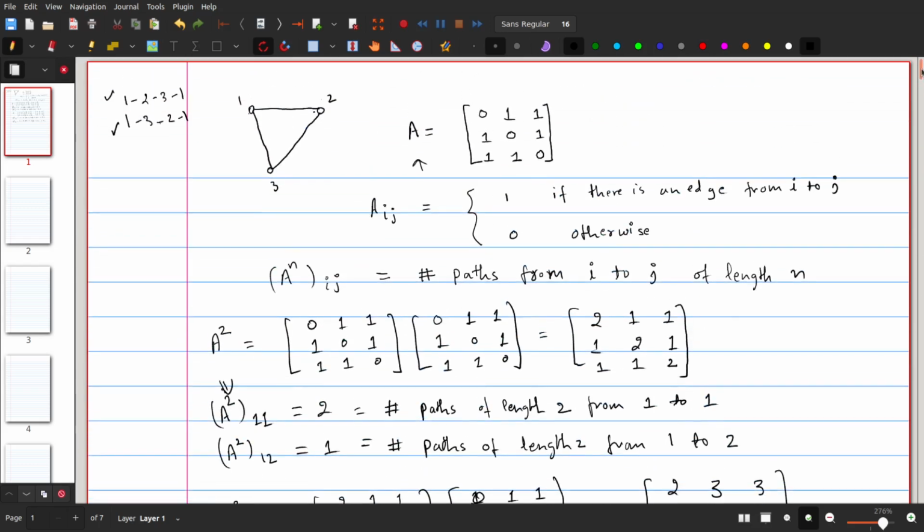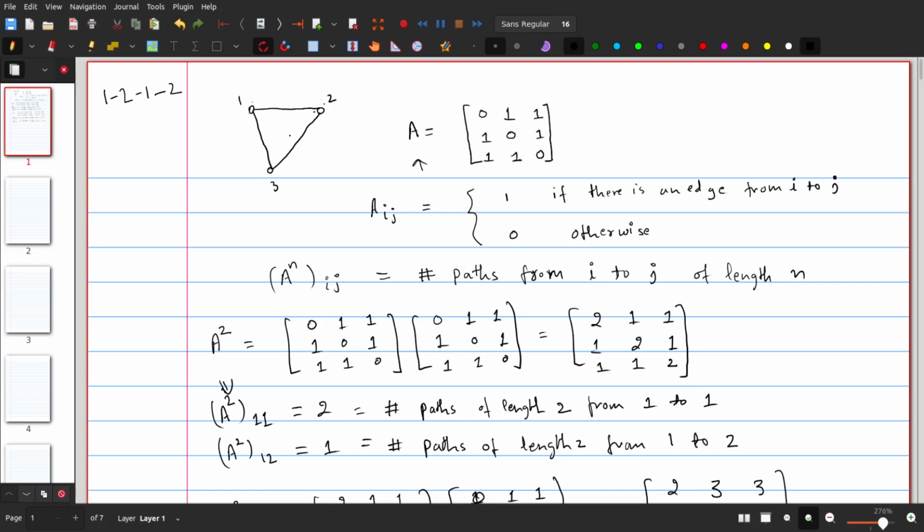So if we look at this graph, what is the number of paths of length 3 from 1 to 2? If we go from 1 to 2, then back to 1 and then 2, this is a path of length 3 from 1 to 2.